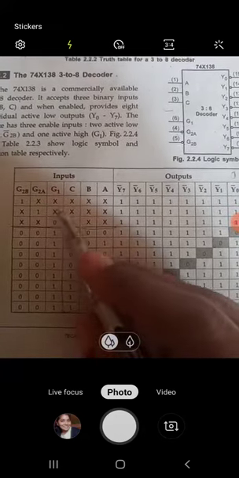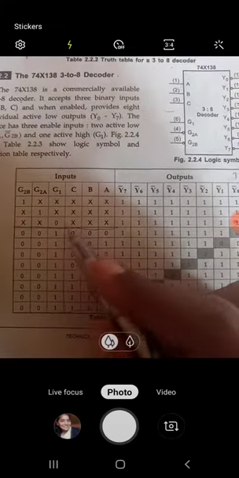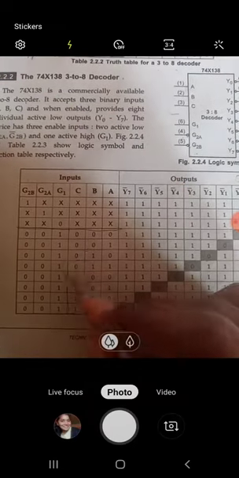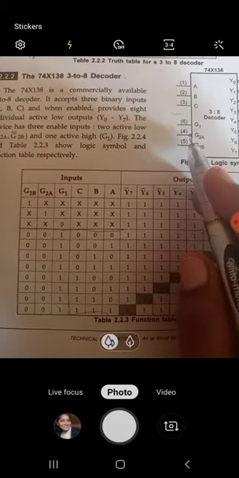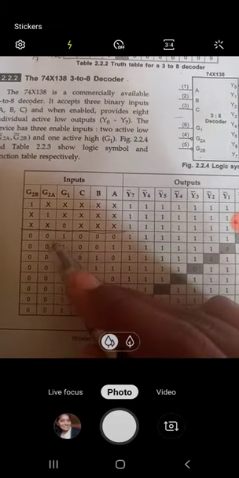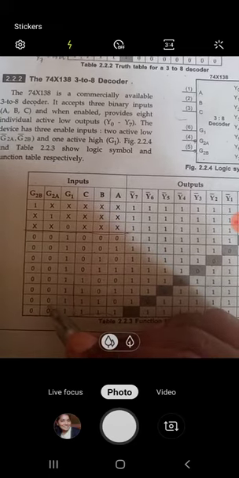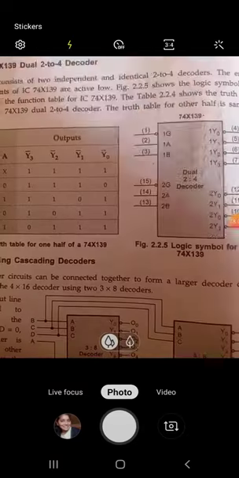Here G1 is active high, so you can write it as 1. But since these two are active low, you can't write 1; you are writing a 0 here. Why? Because you have NOT gates here. So instead of writing 1, you are going to write them as logic zeros. This is the only difference which you have.